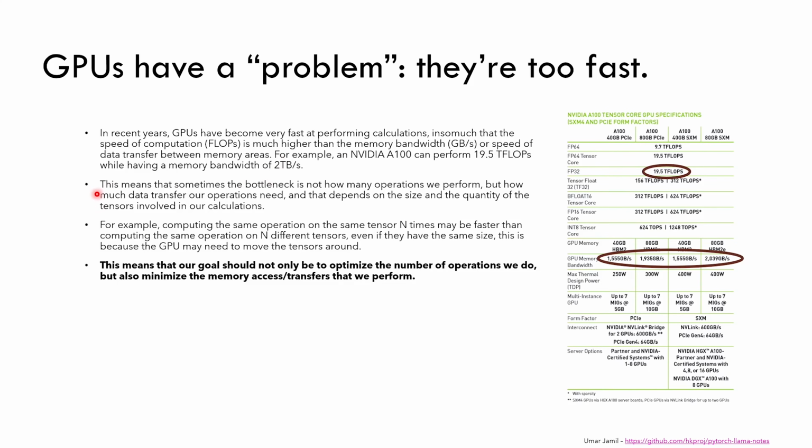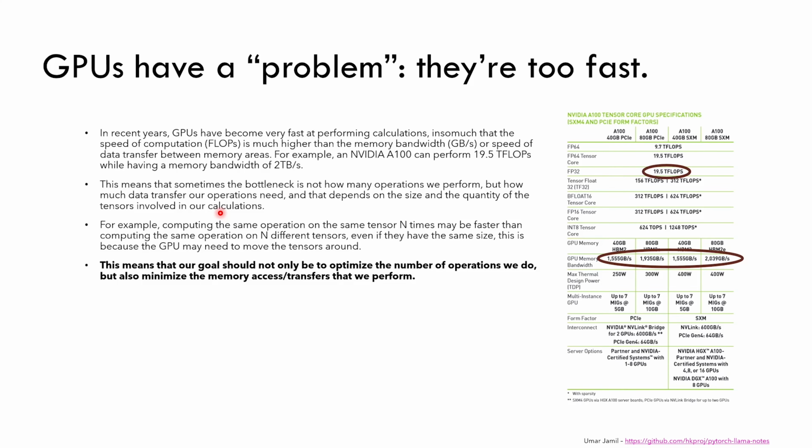And this means that sometimes the bottleneck is not how many operations we perform, but how much data transfer our operations need. And that depends on the size and the quantity of the tensors involved in our calculations. For example, if we compute the same operations on the same tensor n times, it may be faster than computing the same operations on n different tensors, even if they have the same size. This is because the GPU may need to move these tensors around.